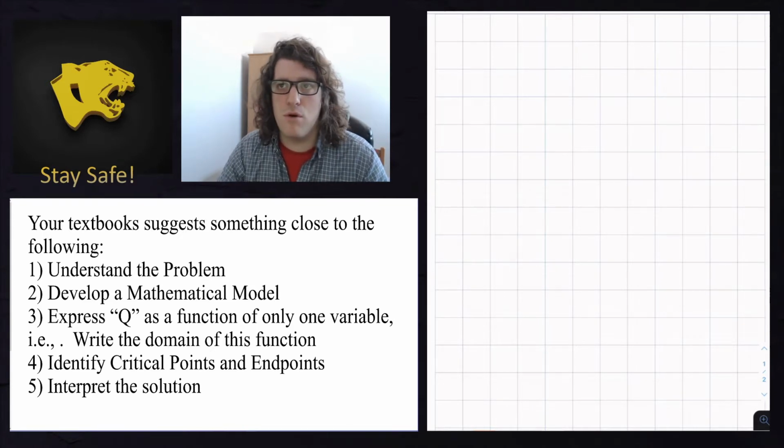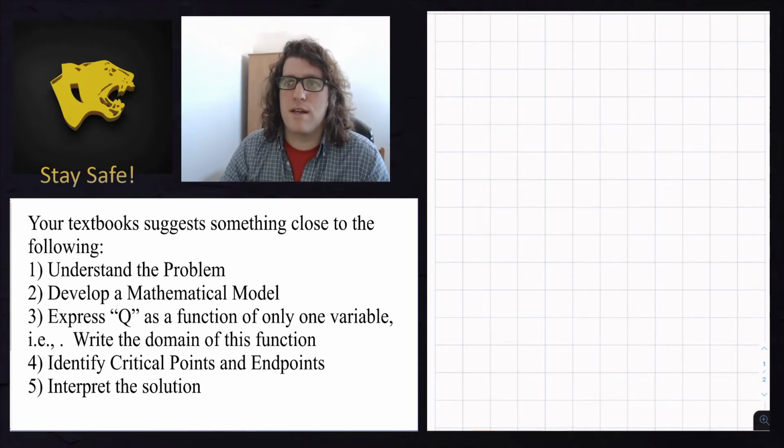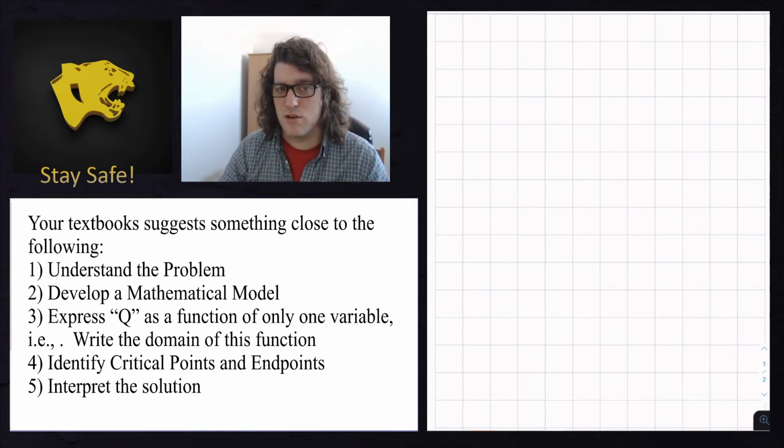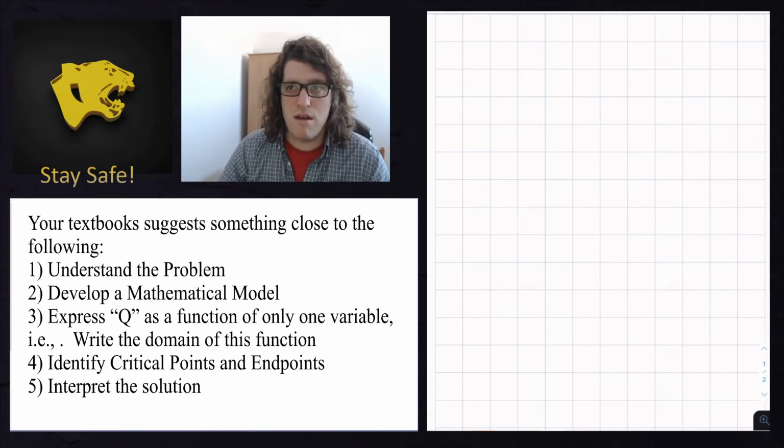So if your goal is to find out the smallest cost that you can have for making these particular types of boxes, then if you can say that and you understand what that means, oh, I'm looking to minimize the cost of these boxes, then you get the drive of the problem.